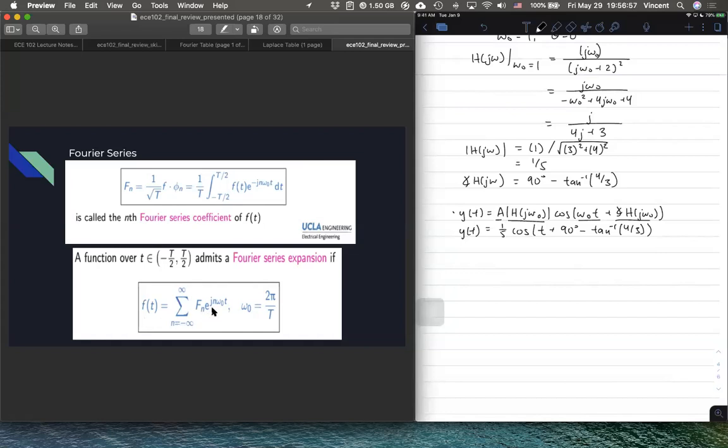This exponential term is like the basis function. Basically, a periodic signal can be broken down into a sum of exponentials. The exponentials are the bases, and the F n's in front are the coefficients.